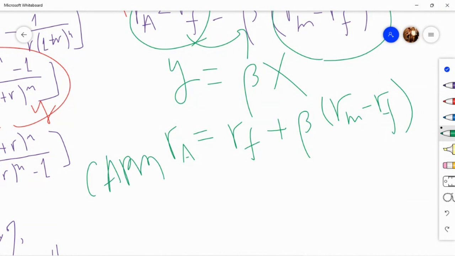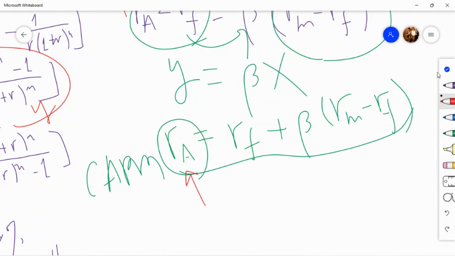It sounds like this is the equation, this is the formula to price the capital asset. No, this equation doesn't price the asset. Instead, it gives the required return. What is the required return?